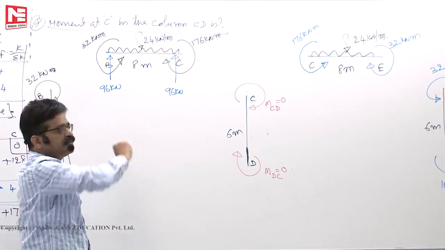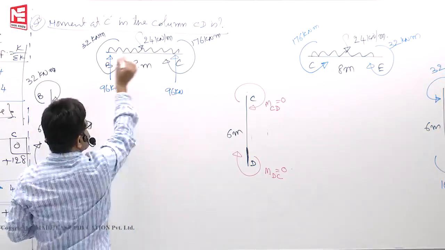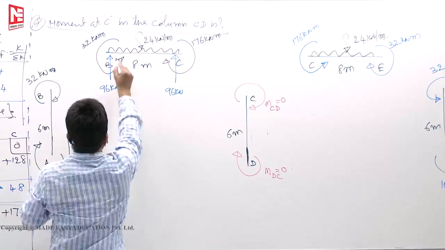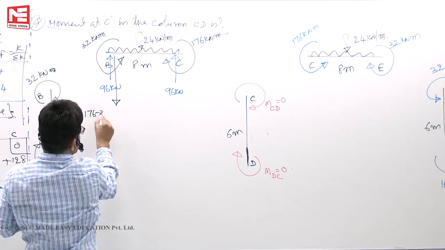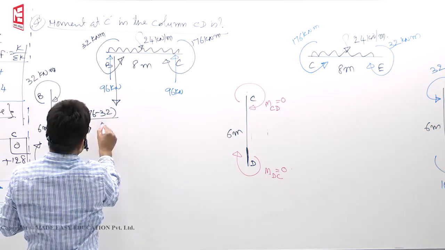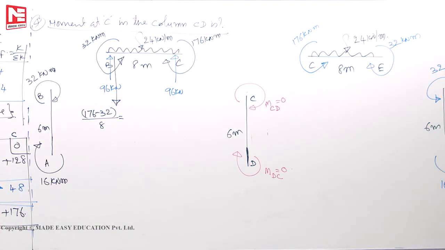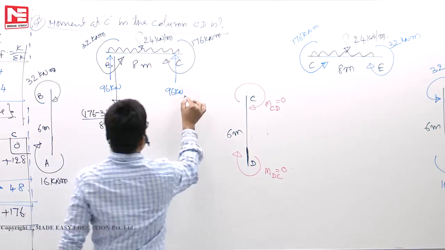What's the net moment? Clockwise only. How much? 176 minus 32, clockwise. So to balance it, the couple will form like this. What's the net moment? 176 minus 32 is the net moment, divided by the length 8. It works out to be 18. 18 down, here 18 up.